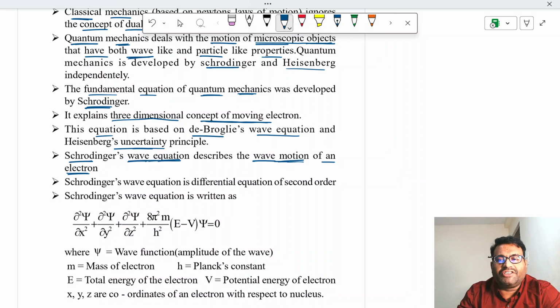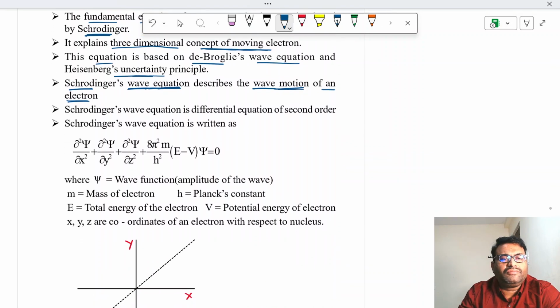So what is that equation? See, this is the equation, looking somewhat larger. The details and derivations of this equation are not in our syllabus. In your higher classes, you will learn about it, but simply what this equation is and what quantities are present in it, only up to that we have in our syllabus.